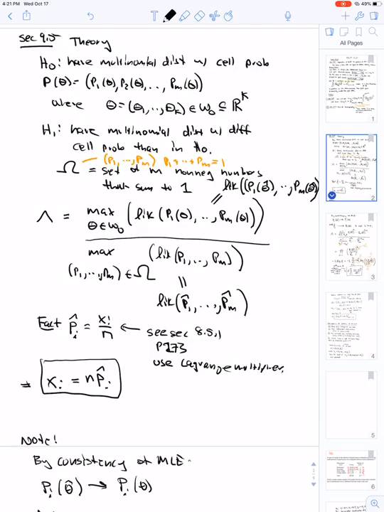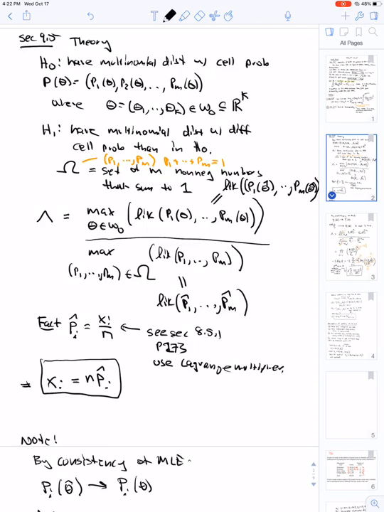In the numerator, we're looking for whatever theta maximizes the likelihood, and that is exactly the MLE of theta. So the numerator is the likelihood of p1 theta hat to pm theta hat, and the denominator is the likelihood maximized over all the possible p1 to pm, and that's by definition the likelihood of p1 hat to pm hat.